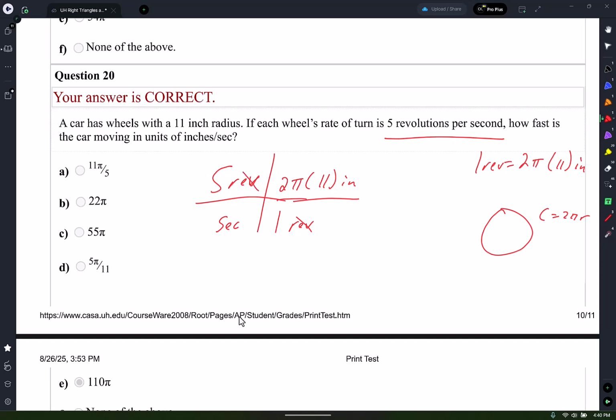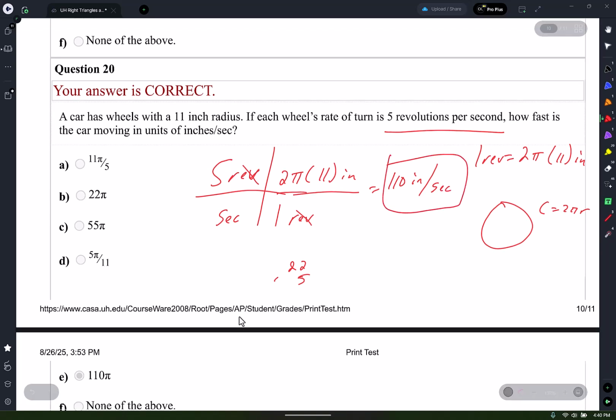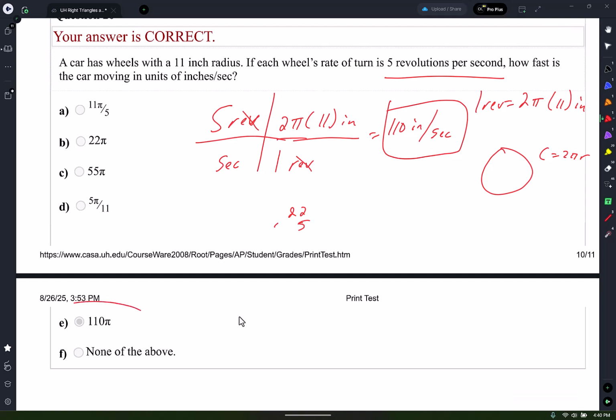Look, revolutions cancel out, and you just get inches per second. 2 times 11 is 22. 22 times 5, what's that? So 110 inches per second. Look for that answer. That answer in there? There it is right there on the next page.